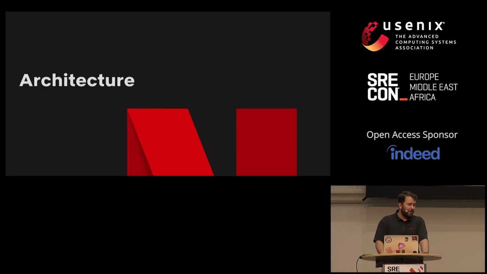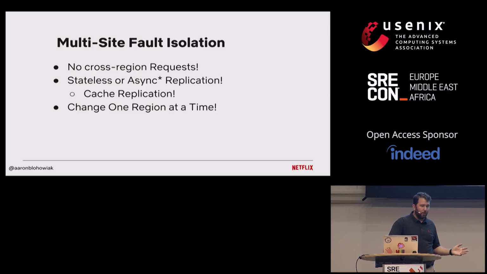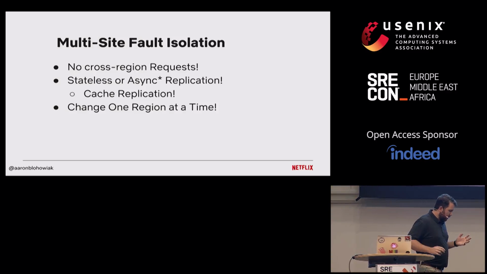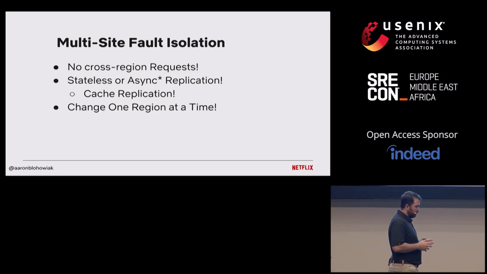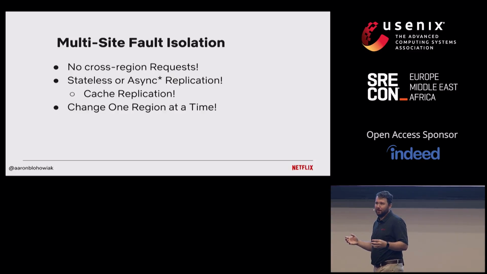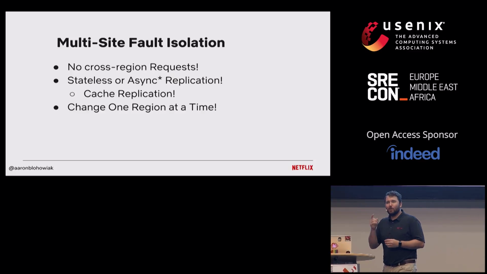So now we'll dig in a bit about the architecture of how to make all this stuff work. In order for regional isolation to work, you can't make cross-region requests. Seems simple, but you'd be surprised that even very sophisticated engineers who believe in multi-region high availability architecture still say, oh, but this one system should be able to call that other region.